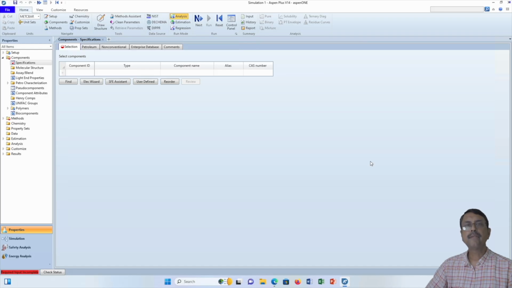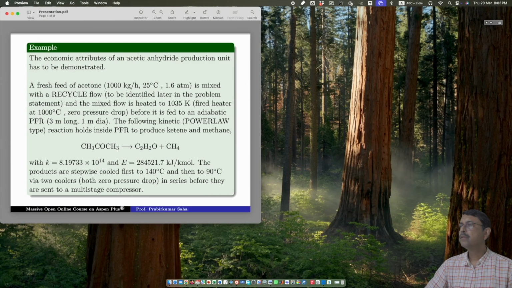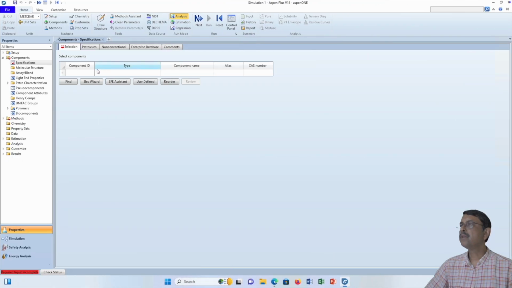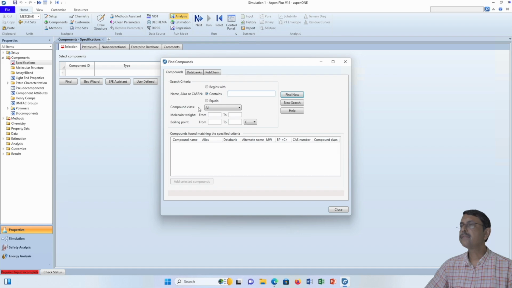Okay, so this is the Aspen Plus command window. First, we have to select the components. So the first component is acetic anhydride. Let us find this acetic anhydride.